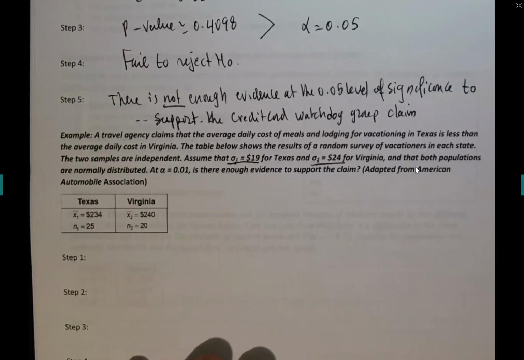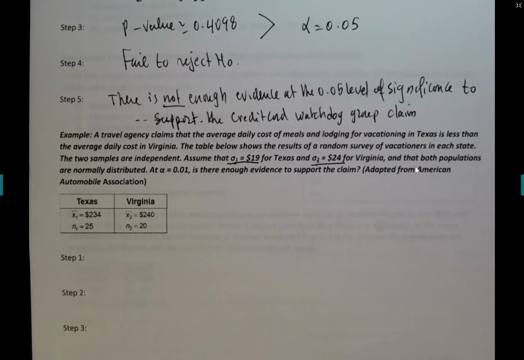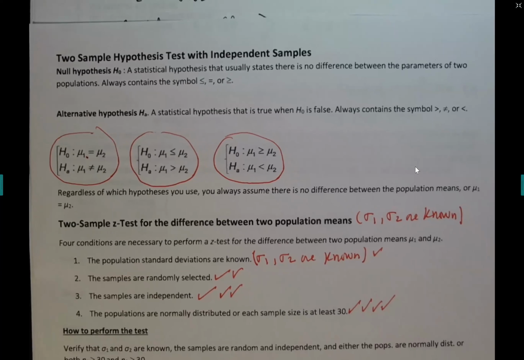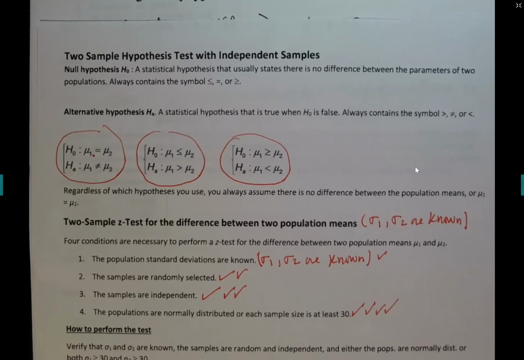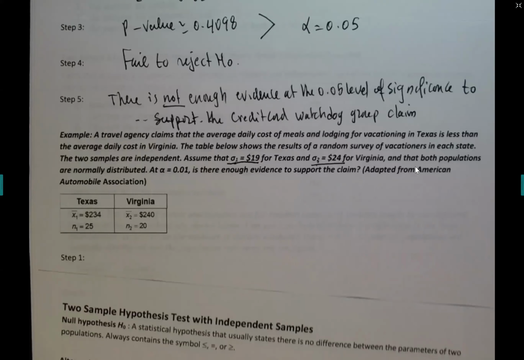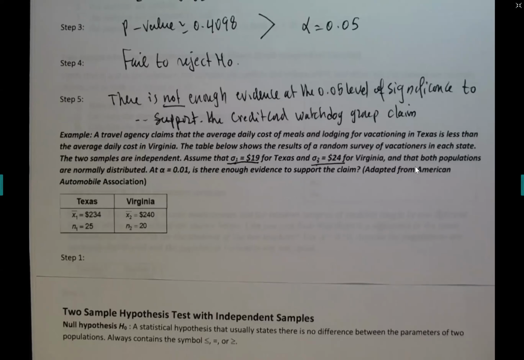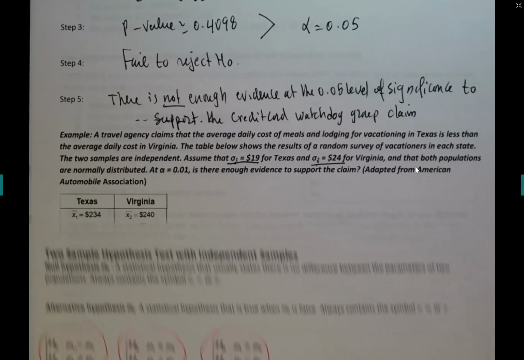A travel agency claims that the average daily cost of meals and lodging for vacationing in Texas is less than the average daily cost in Virginia. So can you guys tell me which hypotheses we're going to use? Remember, Texas he labeled as number 1 and Virginia is number 2. He says the daily cost of vacationing in Texas is less than that of Virginia.